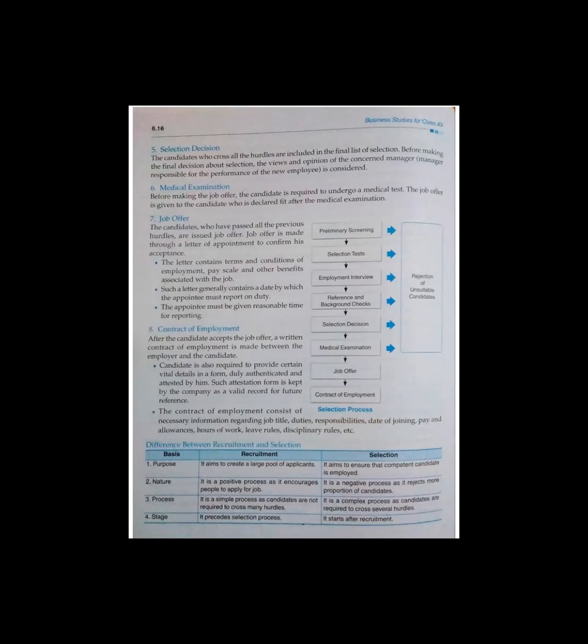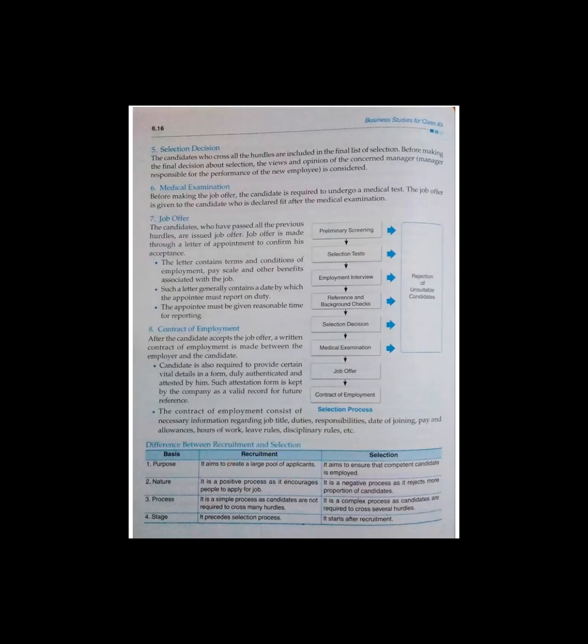Okay. So now we are about to discuss the difference between recruitment and selection. So what is recruitment? The purpose of recruitment is to create a large pool of applications. Large pool in the sense huge numbers.